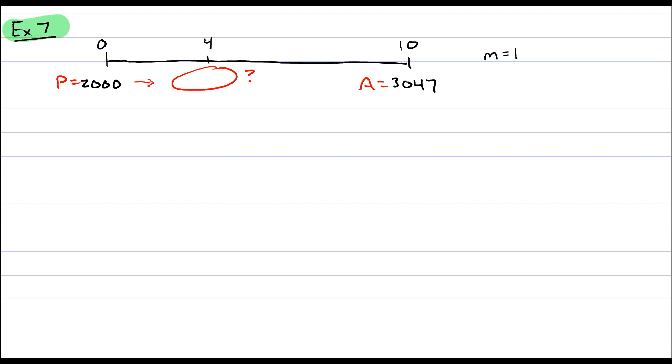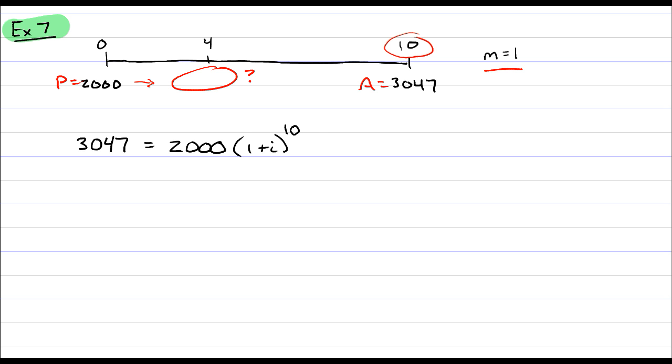So my accumulated value over the course of 10 years is $3,047 equals the amount invested, 2,000, multiplied by 1 plus I raised to the n. Interest in this case is compounded annually, and I'm looking at 10 years, so my exponent is going to be 10.